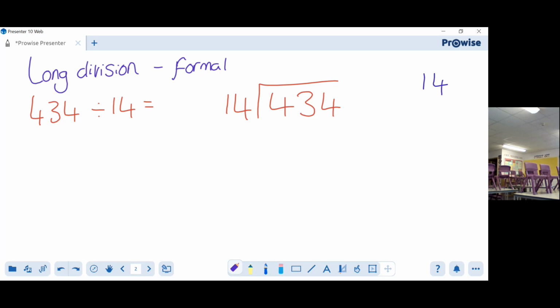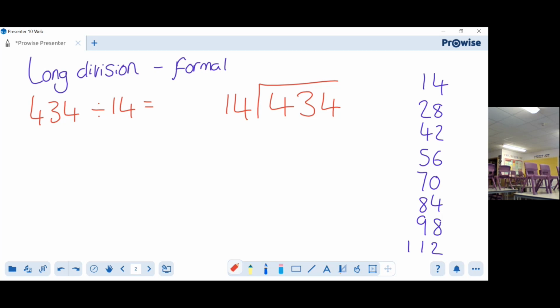So I'm going to go 14, 28, 42, 56, 70, and then 84. I don't even know if I'm going to need these, but they're there just in case. 98, and then let's do one more so I've got space: 112.